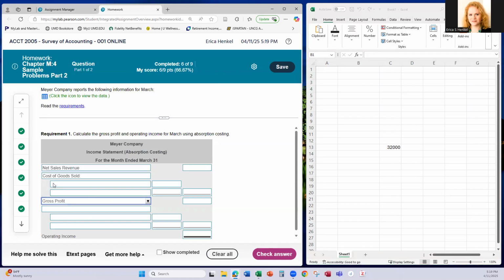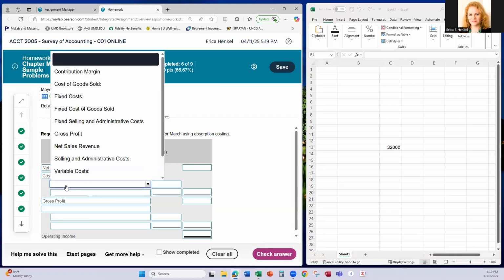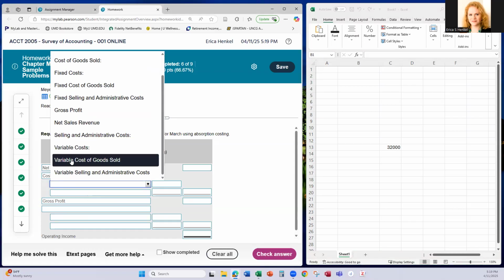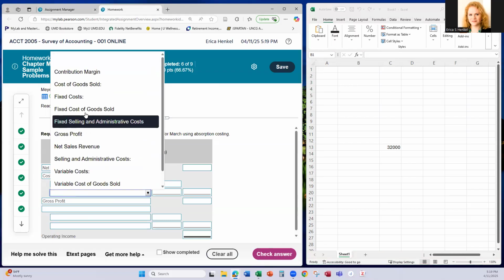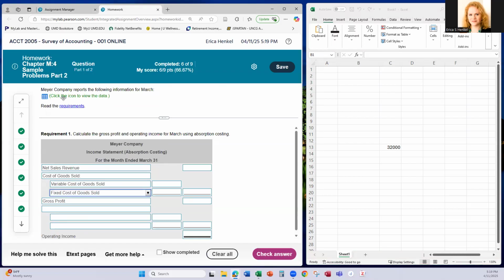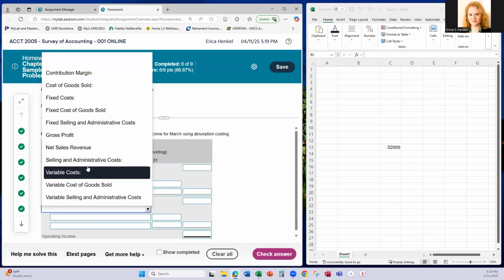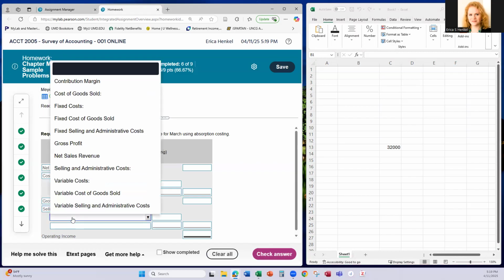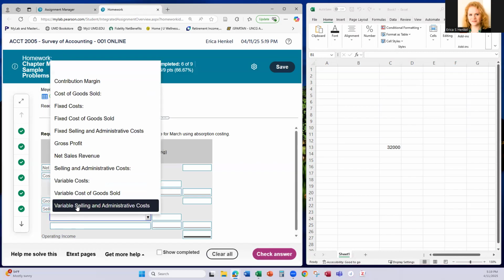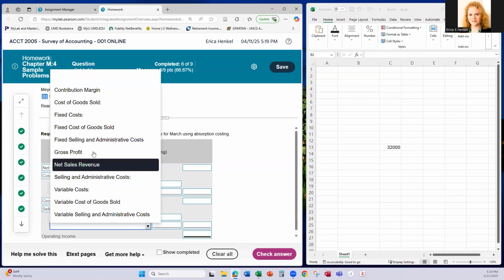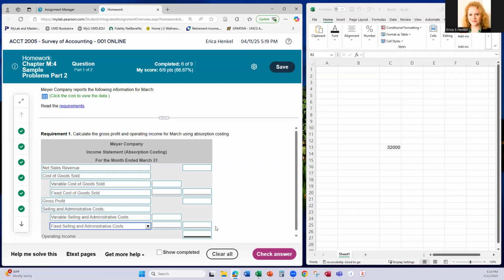So under our cost of goods sold, we're going to have a mix of variable costs and fixed costs of goods sold. Okay. And then down below, we're going to have our selling and administrative expenses, some of which are going to be variable selling and administrative, and some of them are going to be fixed selling and administrative costs.